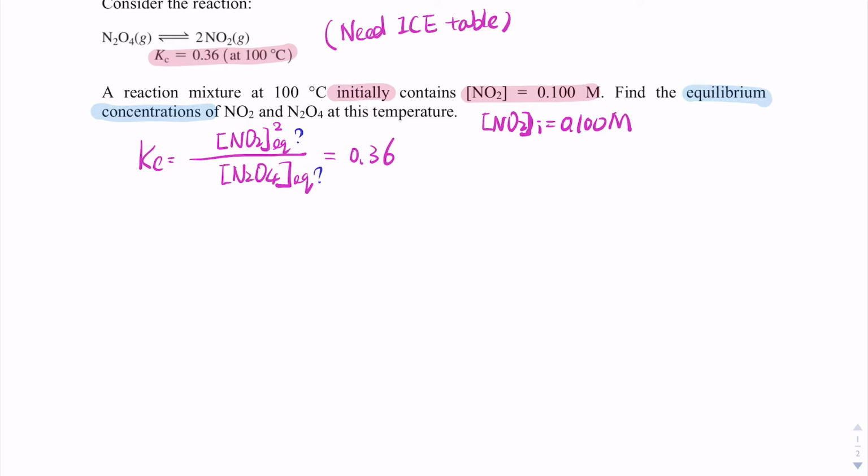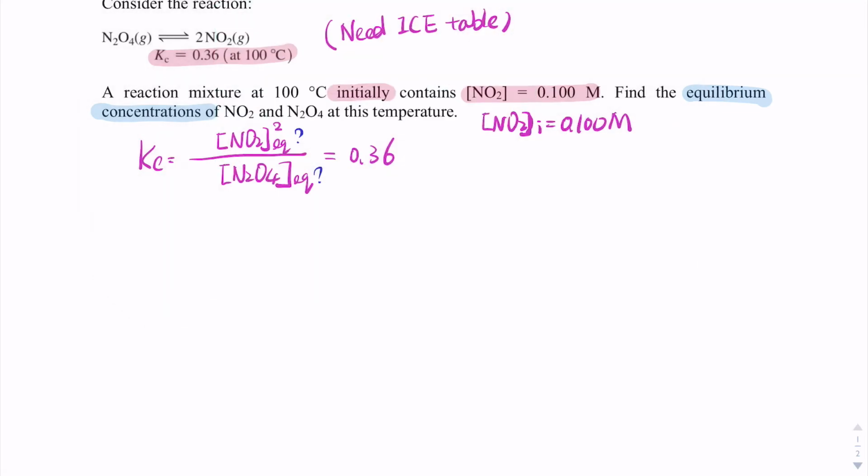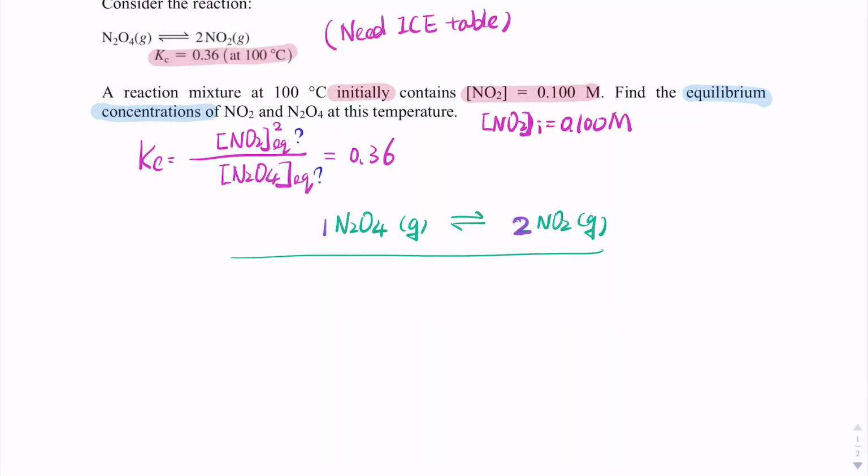I always encourage you to have your equation with you, so I'm going to put the balanced equation on top of my ICE table, so I will remember the ratio, the coefficients. In this case, the coefficients are in a 1:2 ratio. Now let's draw our ICE table.